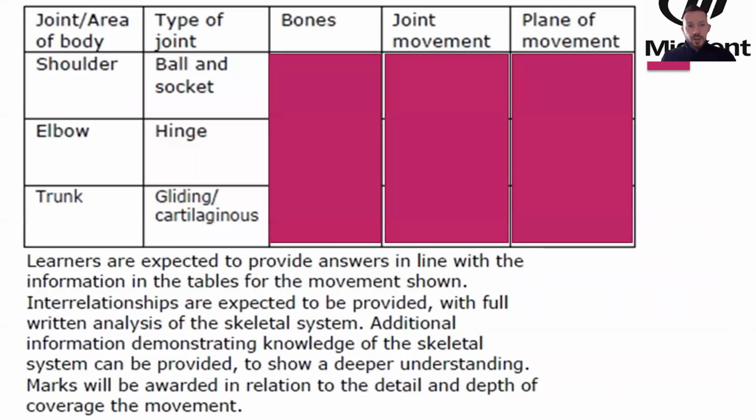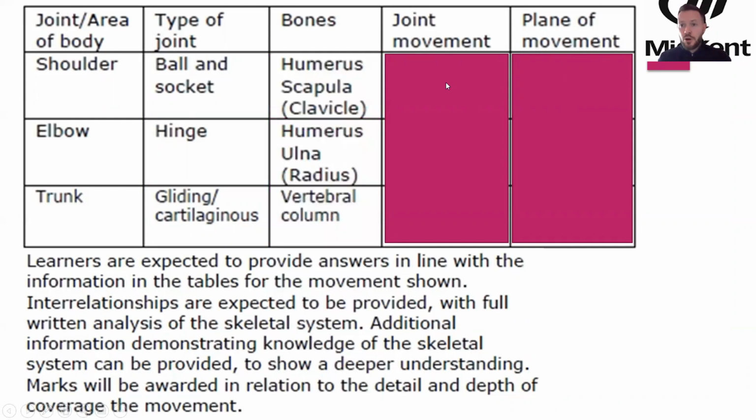So you're going to put joint in the left-hand column, first column, and you're going to pick the areas that they've asked you for. Then you're going to need to put the type of joint in the next column. So if we have a look, in this case, we've got ball and socket, hinge, and then gliding or cartilaginous for the trunk. And then after that, we have got the bones that meet or are articulating at that joint.